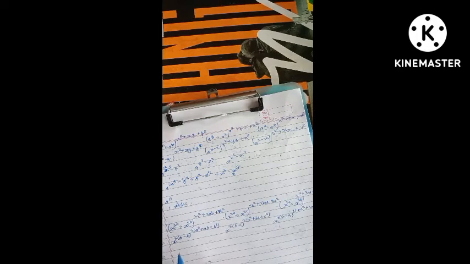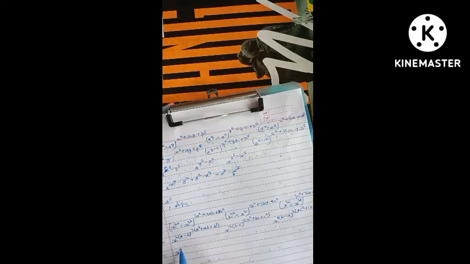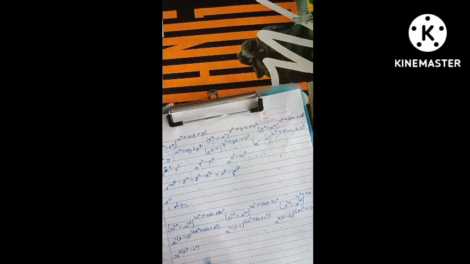Here we can write, 3 times 3 is 9, we can write a³ − b³ easily.